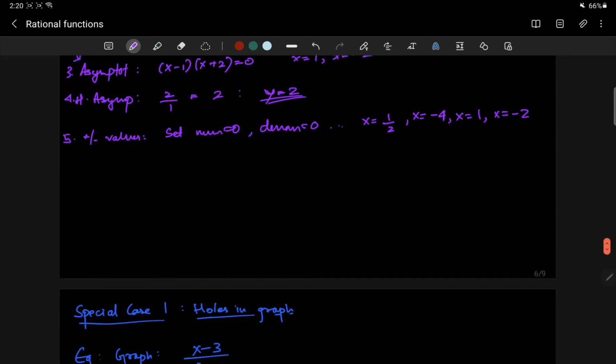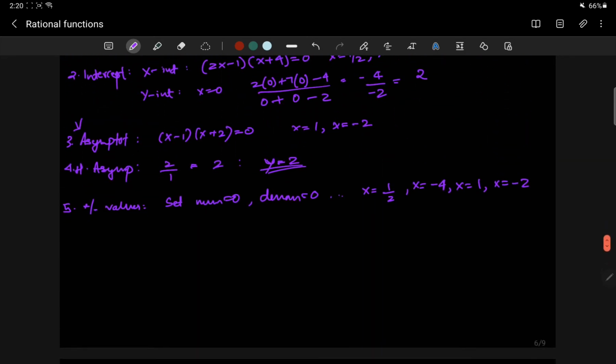Now what I'm going to do is plot these points on the number line. So I have -4, -2, 1/2, 1. When I plot these points, I have these distinct intervals: 1, 2, 3, 4, and 5.